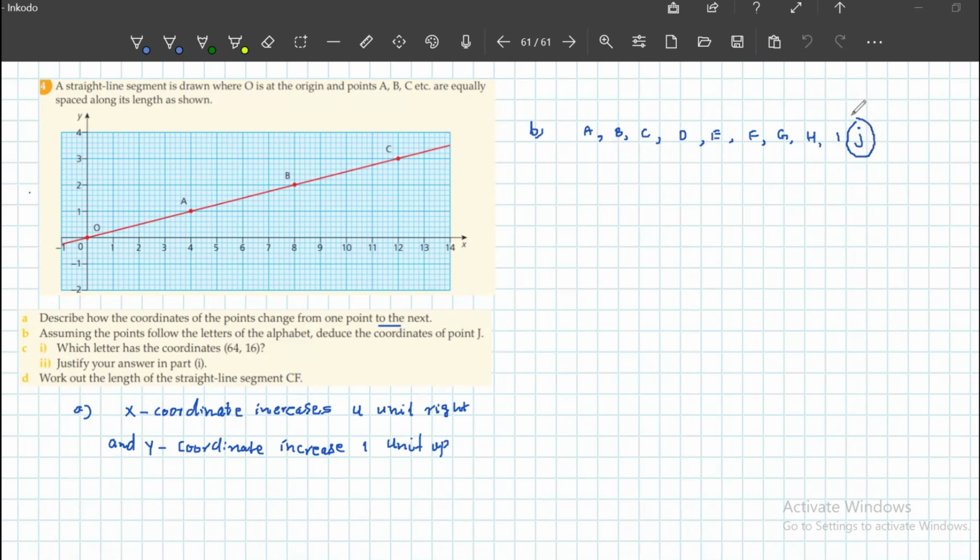It will come after the 10th translation. Each point will come after 4 units right, 1 unit up each time.